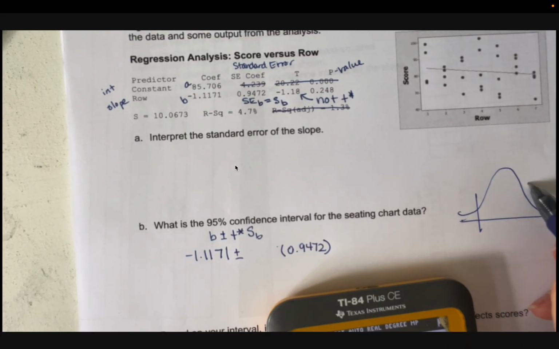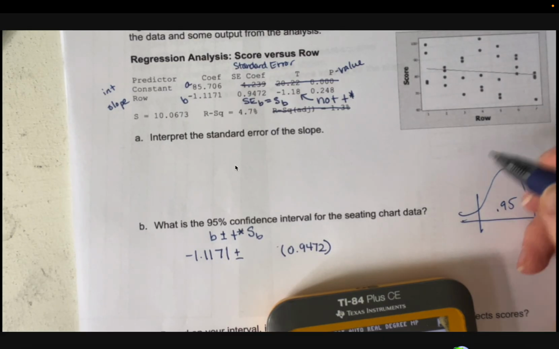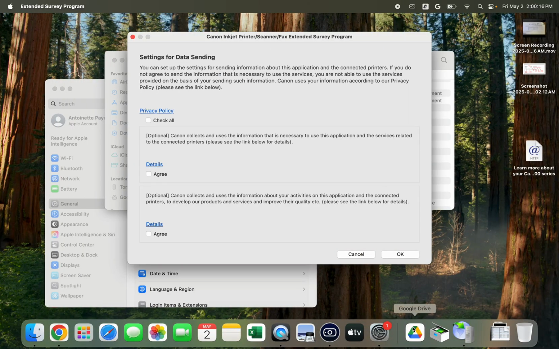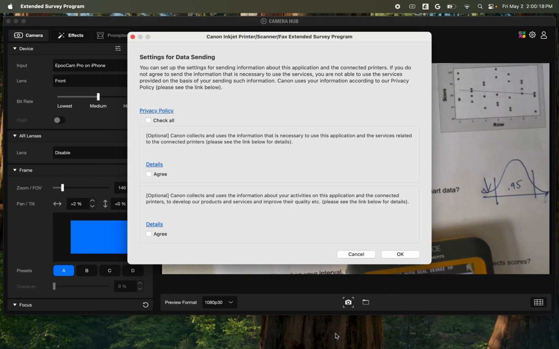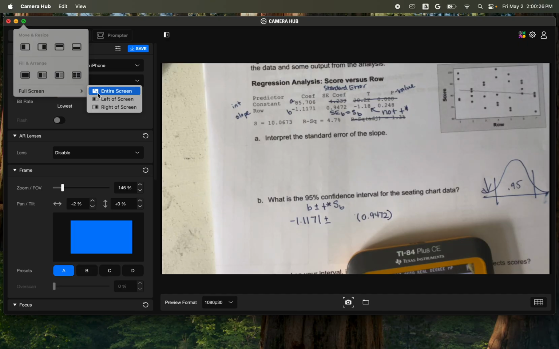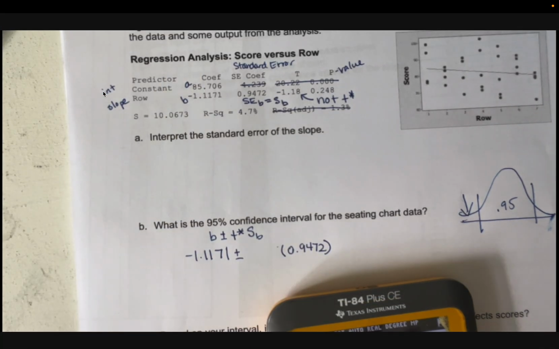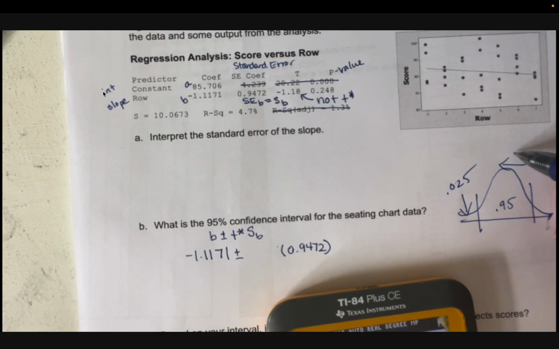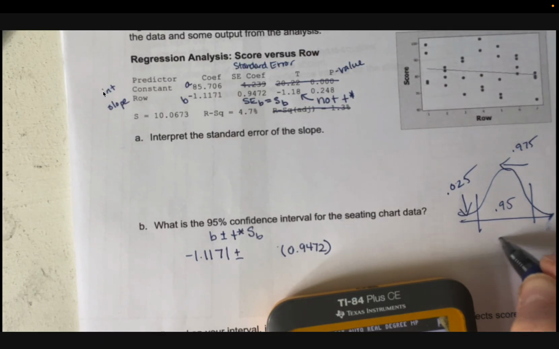If we are doing a 95% confidence interval, the area to the left of this side is 0.025. The area to the left of this one is 0.975. The degrees of freedom, again, are n minus 2.